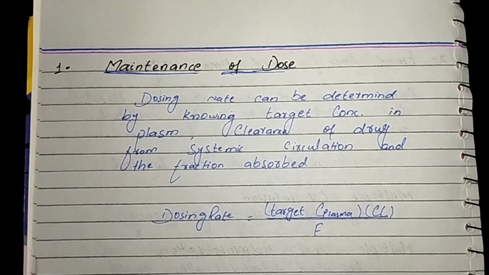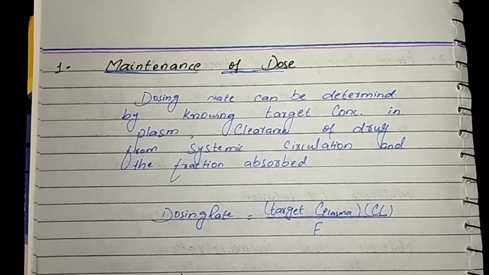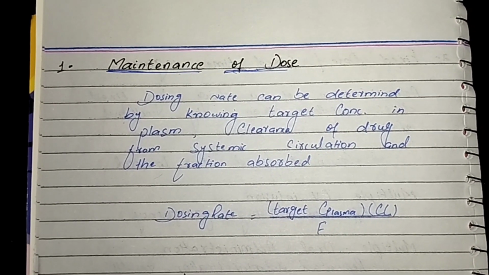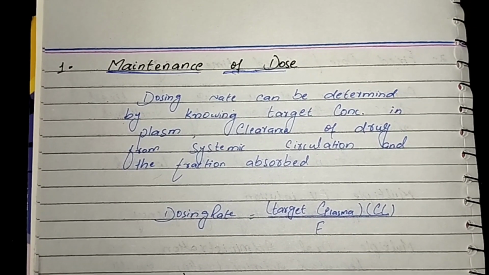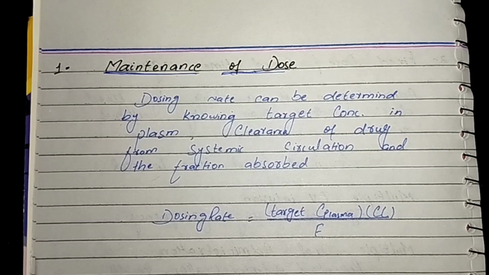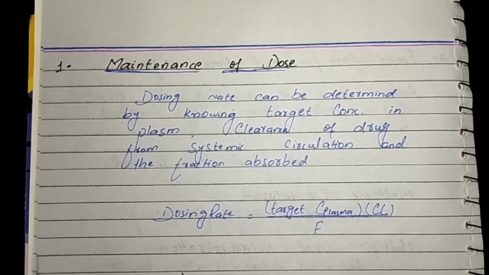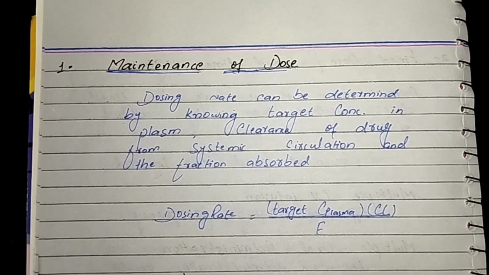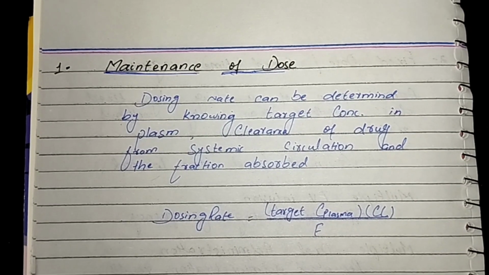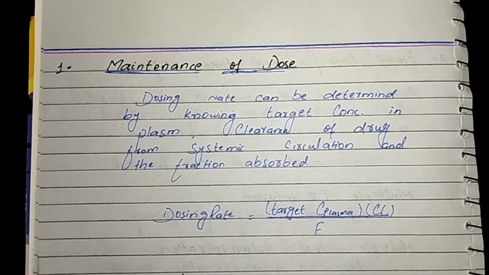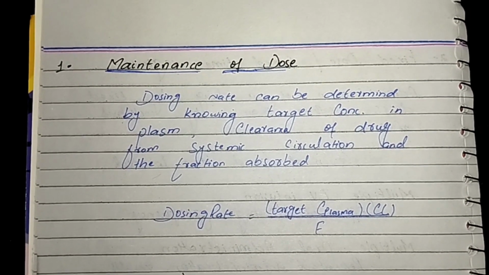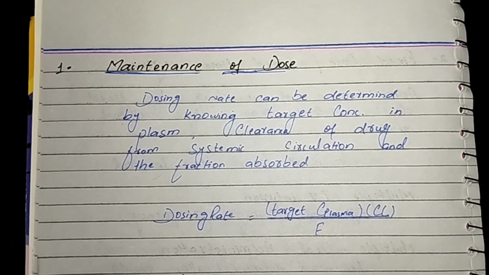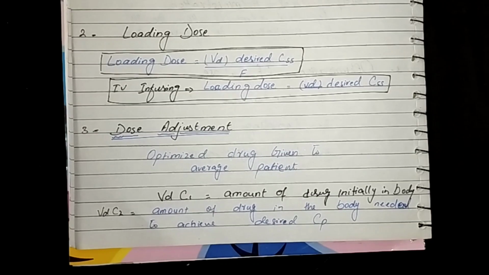Dosing rate can be determined by knowing the target concentration in plasma, clearance of the drug from the systemic circulation, and the fraction absorbed, that is bioavailability, denoted by F. Now we have the formula: dosing rate is equal to target plasma concentration times clearance divided by bioavailability.